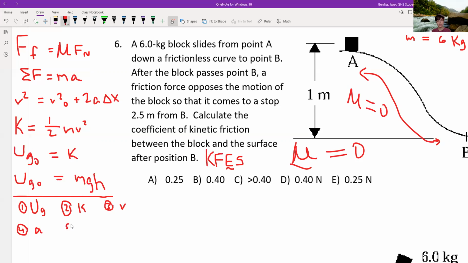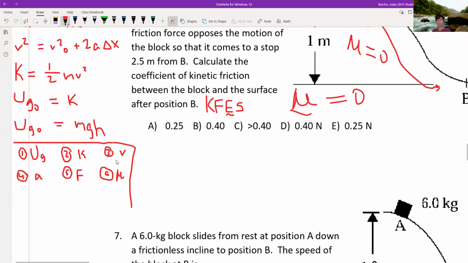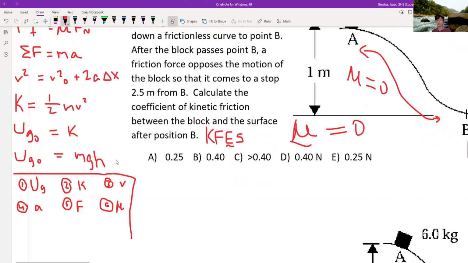When we know the acceleration, we can find the forces. When we know the forces, we can find mu. And that's what we're trying to find. So there you go, 6 stupid steps that we have to do. That is so annoying, isn't it?